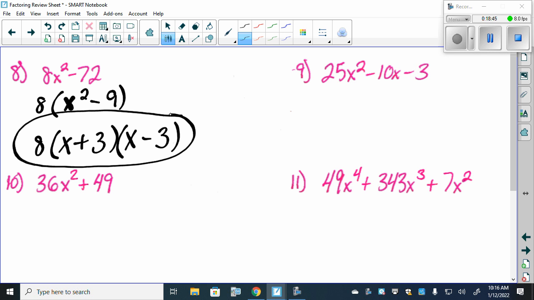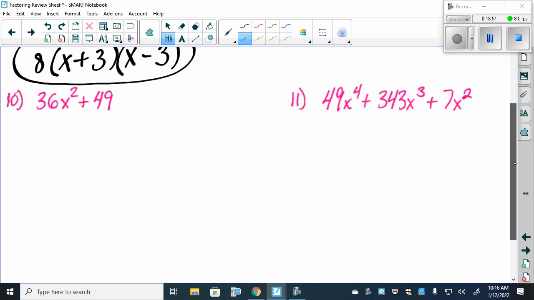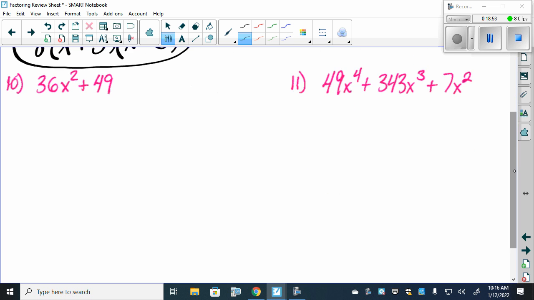Any other questions on these three here? 11. So when we look at 11, we have x to the fourth, x cubed, and x squared, with 49, 343, and 7. Looking at the numbers, I know there's a greatest common factor between 49 and 7, which is 7. It'd be nice if 343 was divisible by 7.